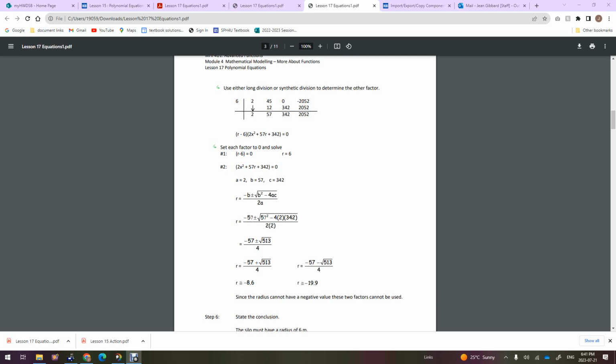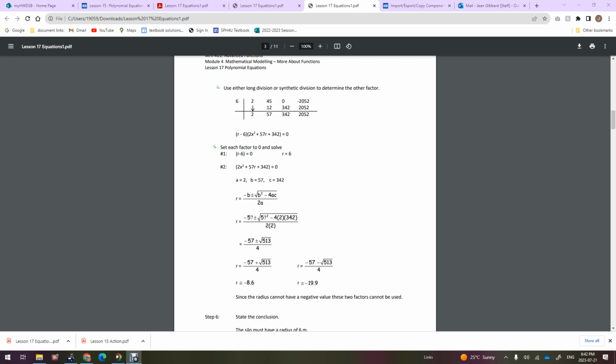Now, since the radius cannot have a negative value, these two factors cannot be used. But we also had r minus 6 equal to 0, which we kind of overlooked. So we get r equal to 6.